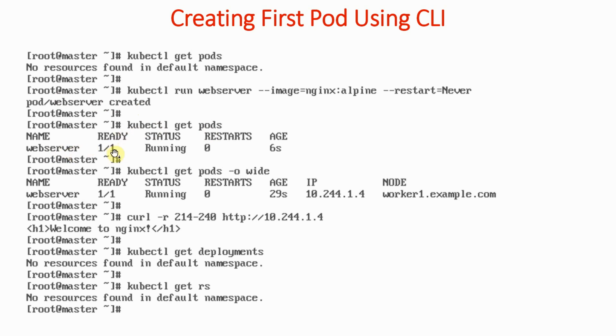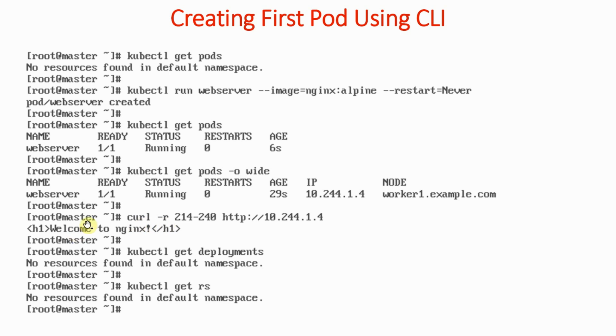1 out of 1 container is running, and restarts are 0. With the -o wide option it is going to give the details. Now what address has been allocated, 10.244.1.4, and it has been launched on worker1.example.com.